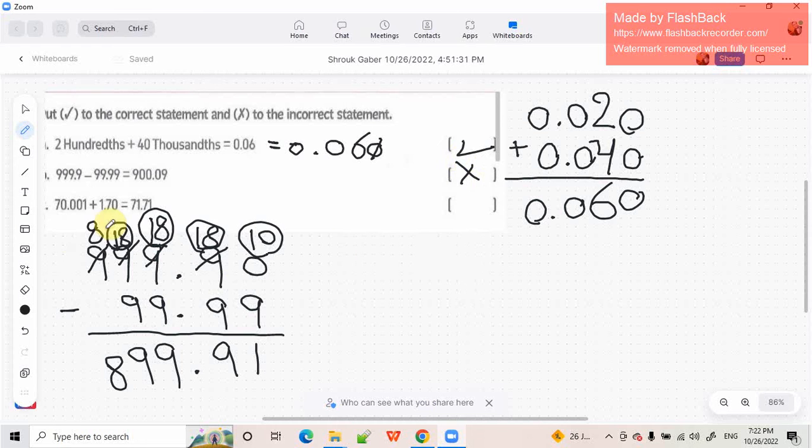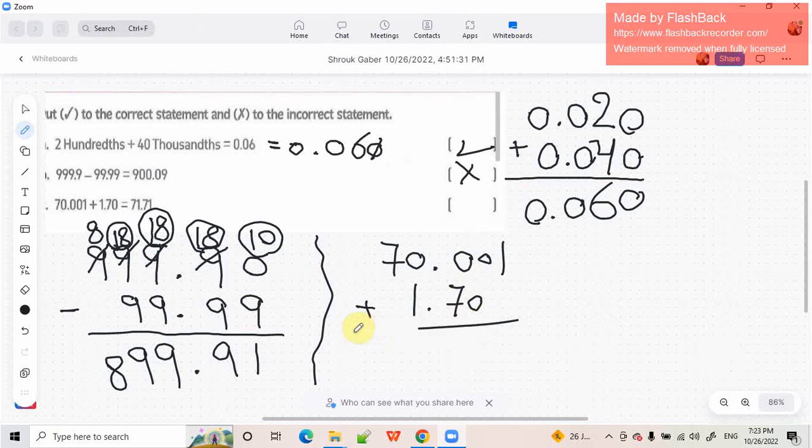The last one: 70 and 1000 plus 1 and 70. We must make a balance, so I will put 0 here. 1 plus 0 equals 1. 0 plus 0 equals 0. 0 plus 7 equals 7.